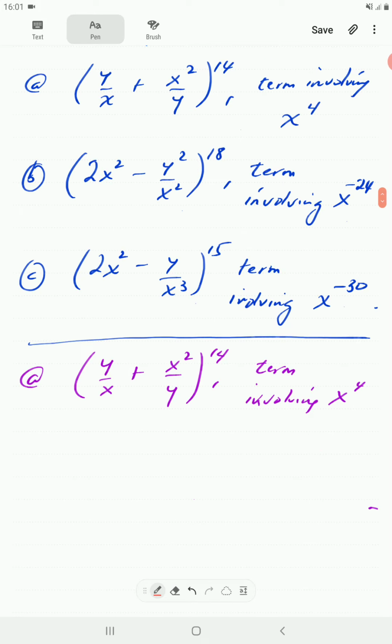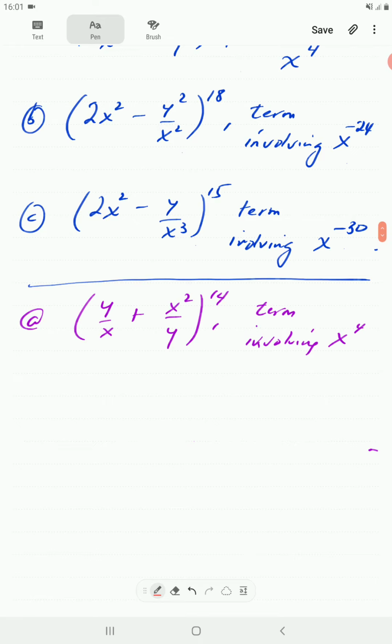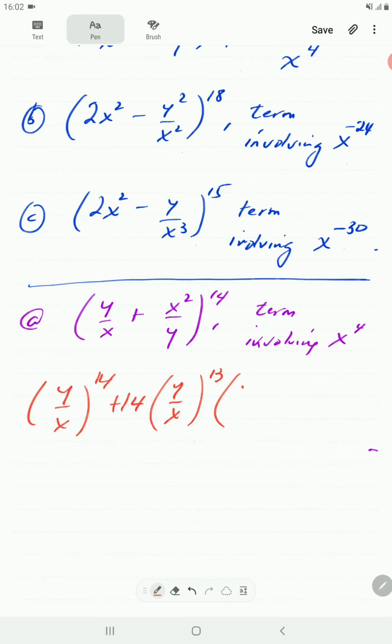So here we'll start by finding the first four terms, which we've done. So we're going to go through this a bit quickly this time. So we're going to have y over x to the power 14. Then 14 is the coefficient for the next term. This is now going to be power 13. Then the b term is going to be to the power 1, so x squared over y to the power 1.